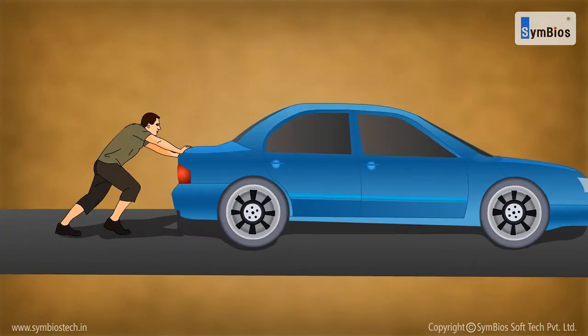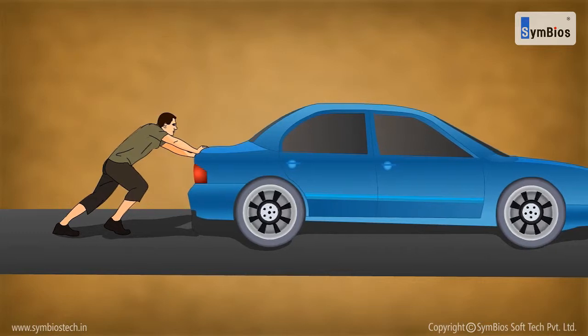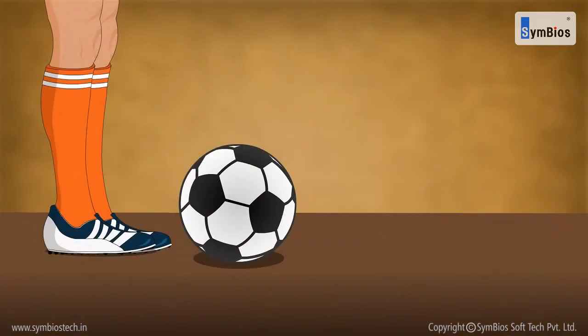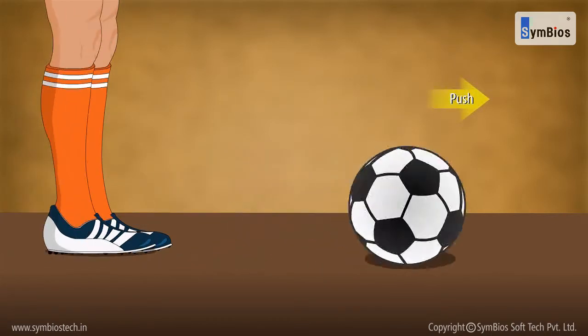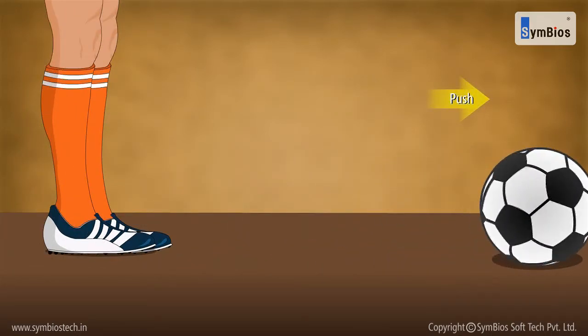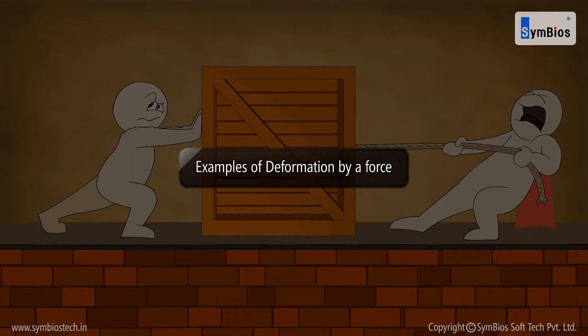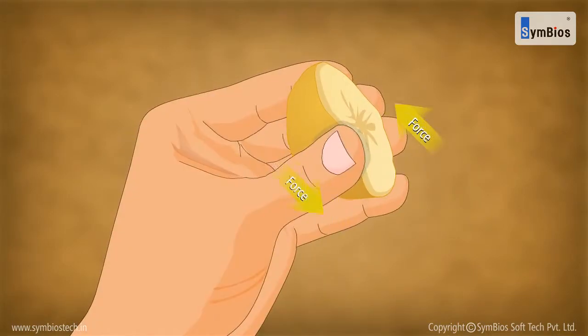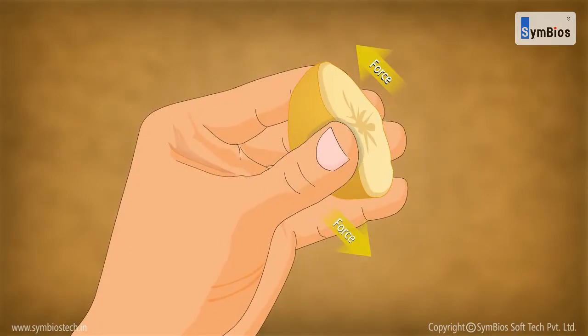A car moves in the forward direction by applying a force of push. Pushing a ball lying on the surface of the ground. Examples of deformation by a force are stretching of a spring and squeezing of a lemon.